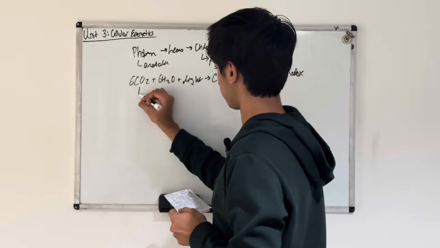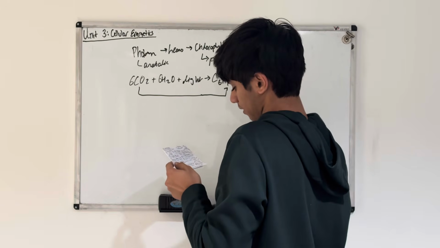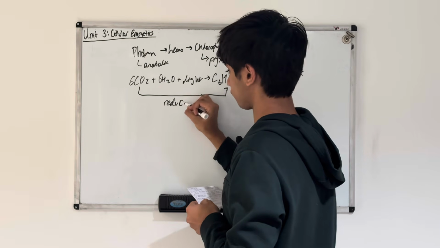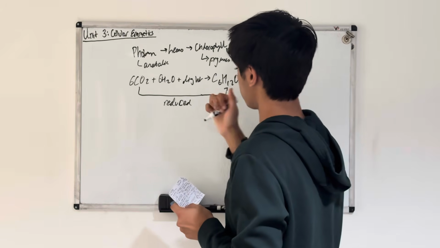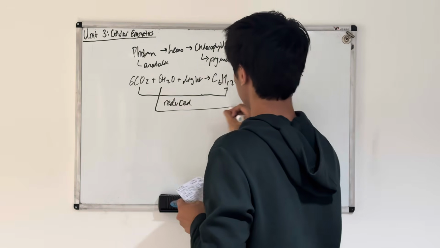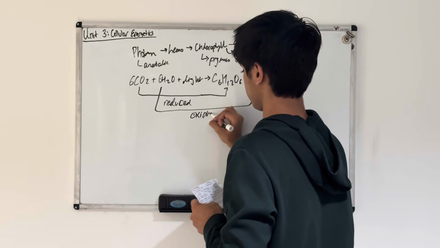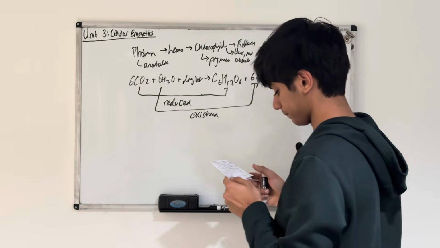Because what's happening is that the carbon dioxide is being reduced, so it's gaining electrons, right? Reduction gains electrons, oxidation loses electrons, while the H2O is being oxidized, right? It's losing the H, so it's losing its electrons to become oxygen. So there's a redox reaction there.